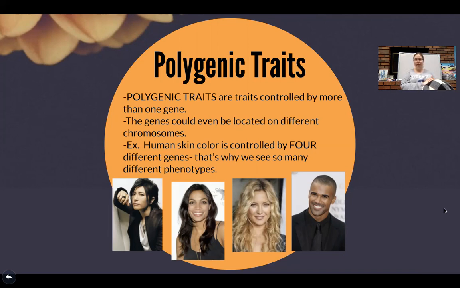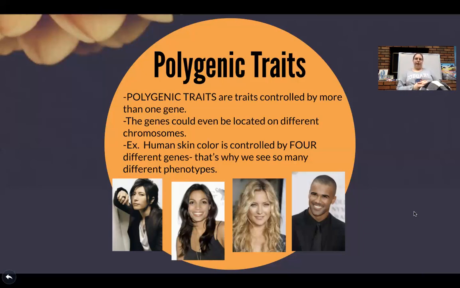Another example of this would be human skin color. So human skin color is actually controlled by 4 different genes. Now we see more than just 2 skin colors. It's not just dark and light, but then what kind of variation? You have all the way from albino all the way to the other end, which is so dark that the skin appears to be like legit black. Like if you look at Shamar Moore's shirt, kind of like that right there.